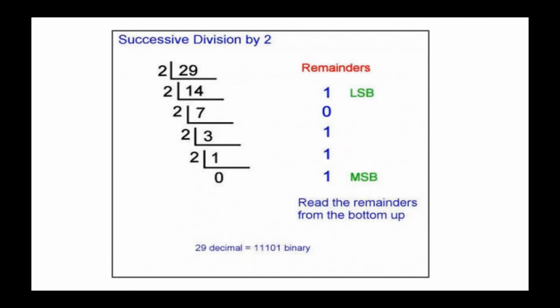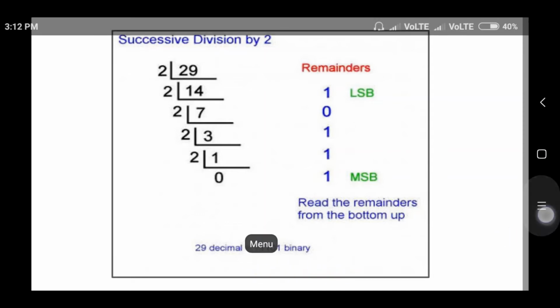So reading the remainders from the bottom up: 1 1 1 0 1. 29 in decimal is equal to 11101 in binary. Now coming to the program.